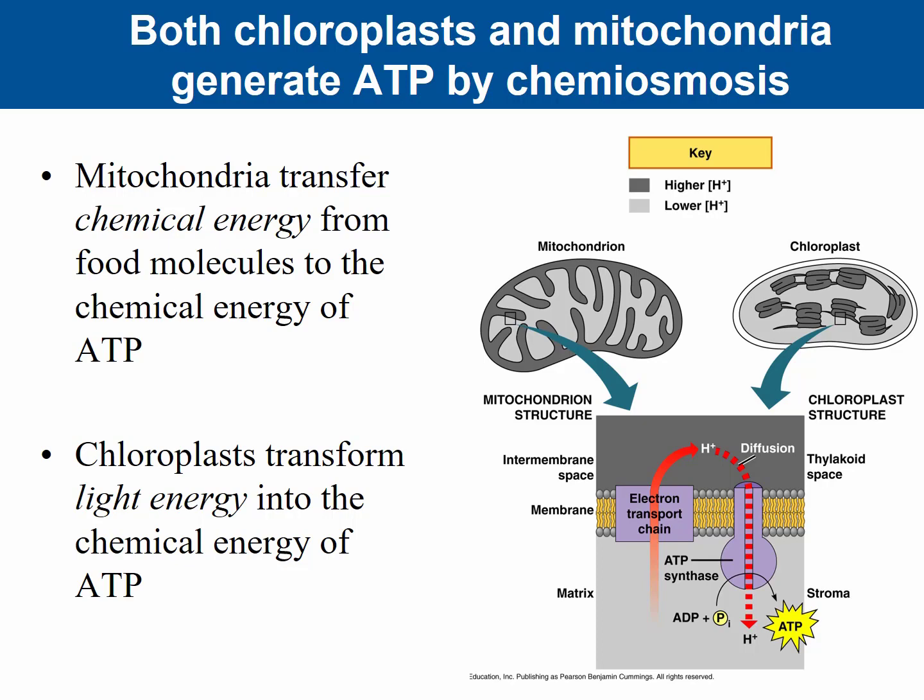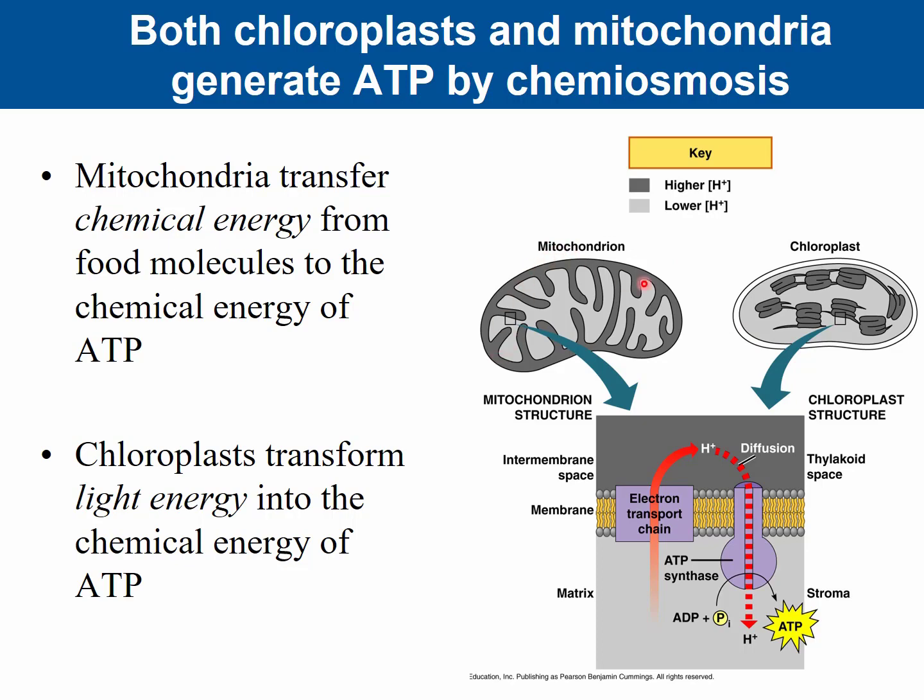Chloroplasts, however, are going to transform light energy into the chemical energy of ATP. But again, the process through which they do this is very, very similar. They both use an electron transport chain, and that electron transport chain is used to pump hydrogens against the gradient. As the hydrogens flow down the gradient, that is going to be a favorable reaction, which causes that turbine to spin in ATP synthase, which generates ATP or energy for the cell.